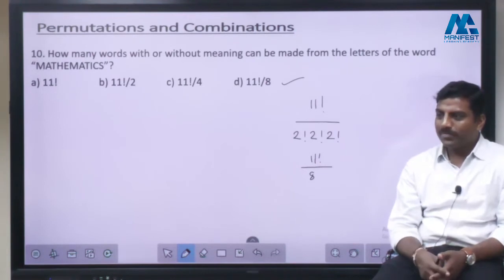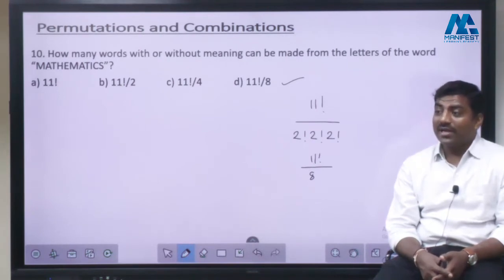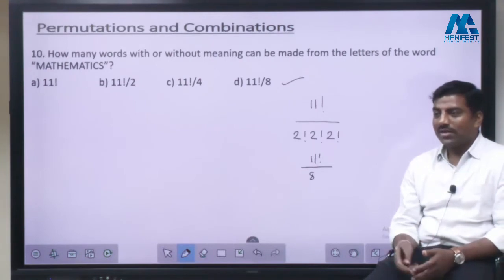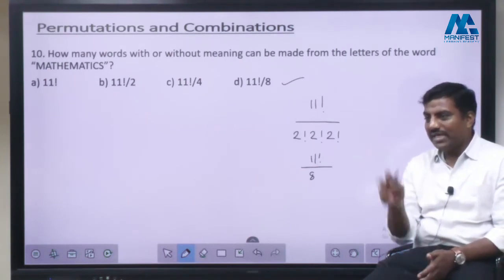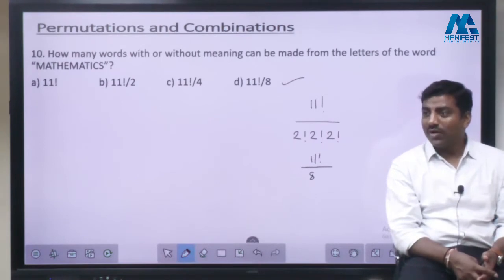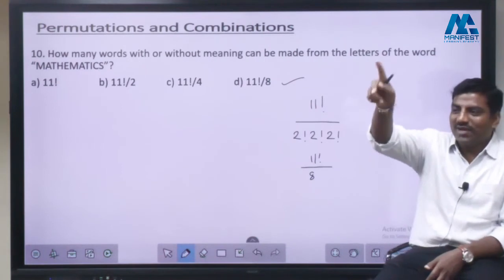Lalita? 7 factorial by 2. Correct? No? Oh, L and A double. Okay. Saubhagya? No repetition. Only A is a repetition. 14. Oh my God. You can take one day.